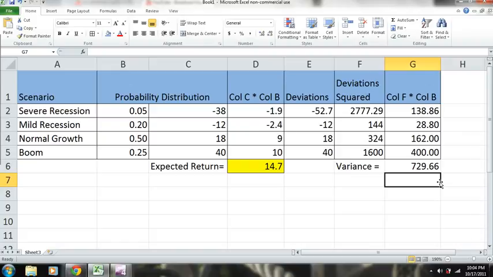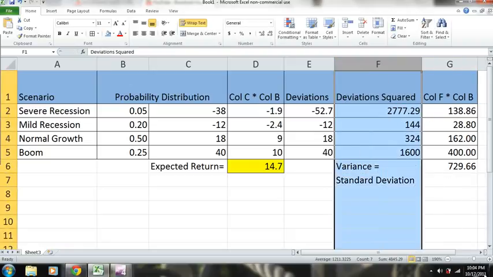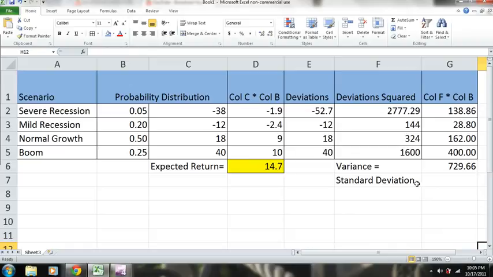Okay, so now that we have the variance, we can go ahead and calculate our standard deviation. Our standard deviation is the square root of the variance. Look at that, just enough room.